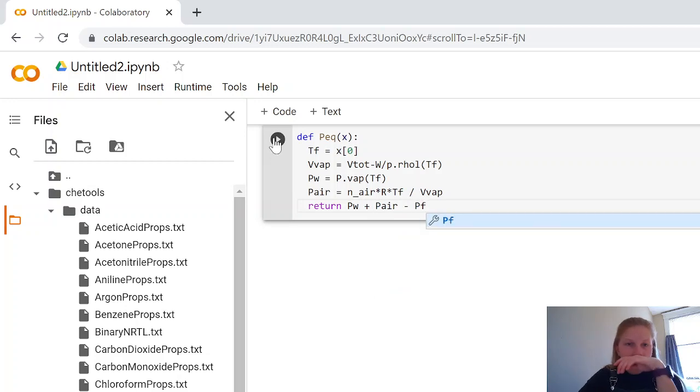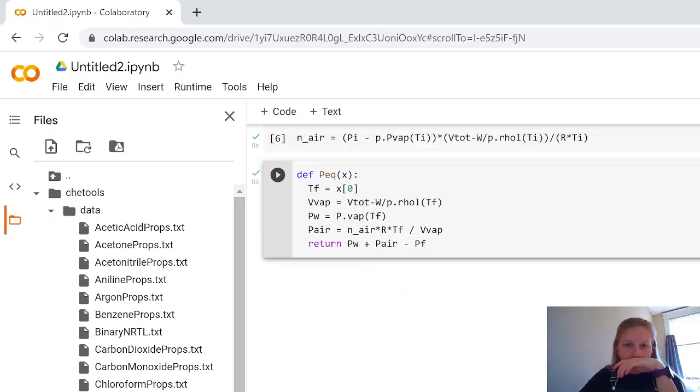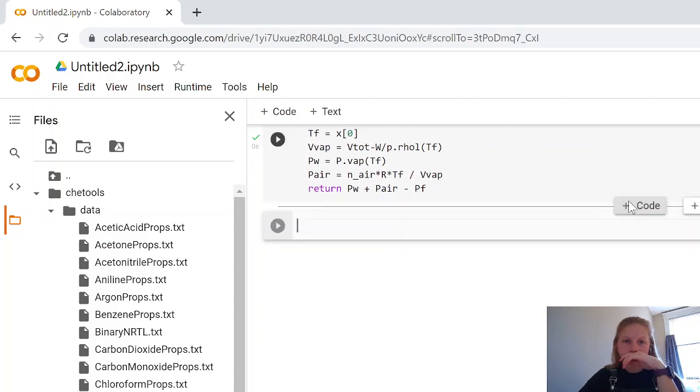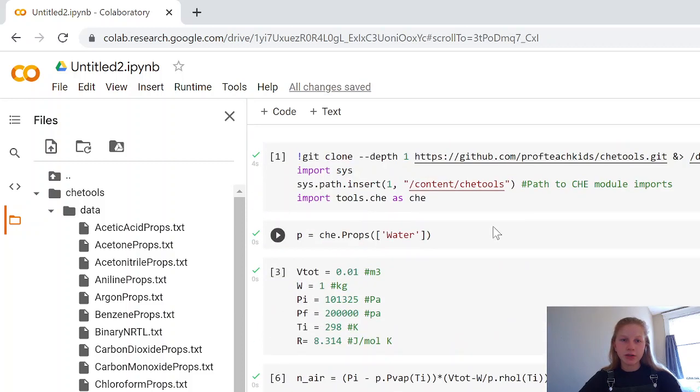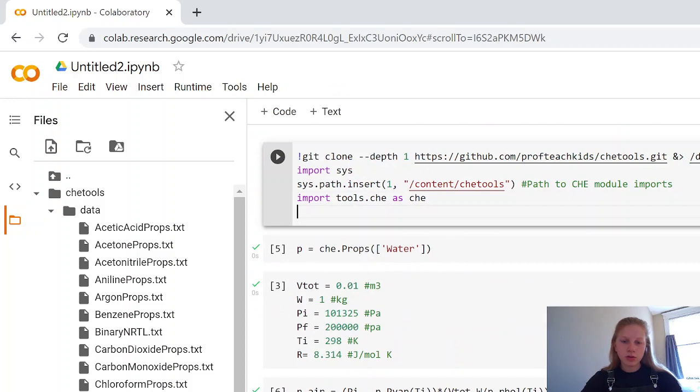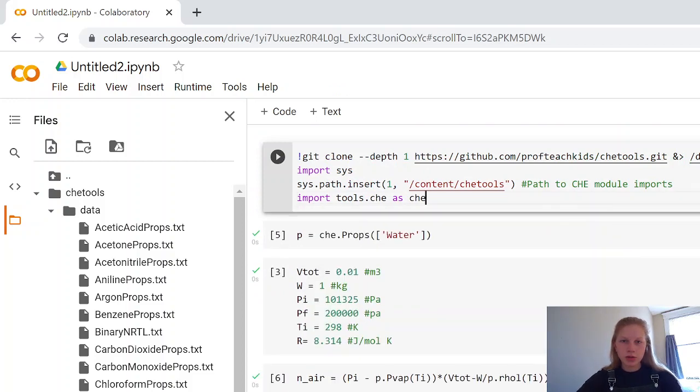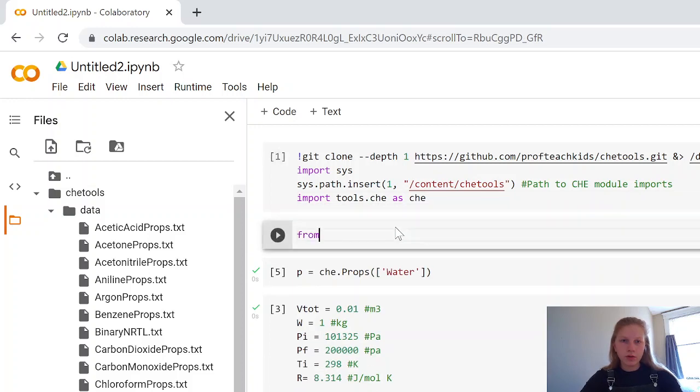So let's see if that worked. Awesome, we got that in there now. We want to use our root function now to get when the function goes to 0. So up here, actually, I'm going to import, from SciPy optimize, import the root function.